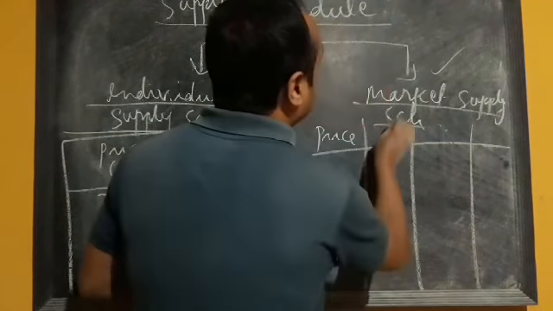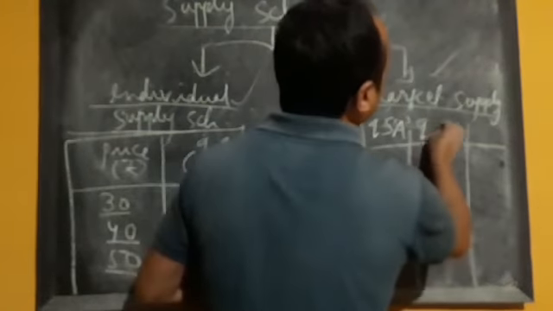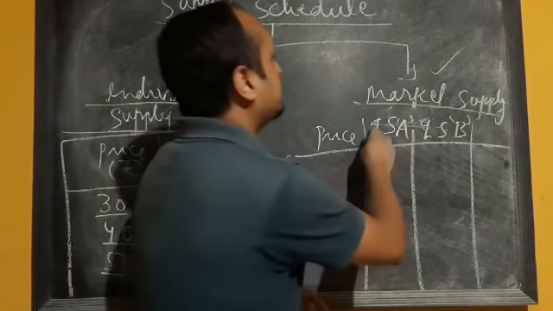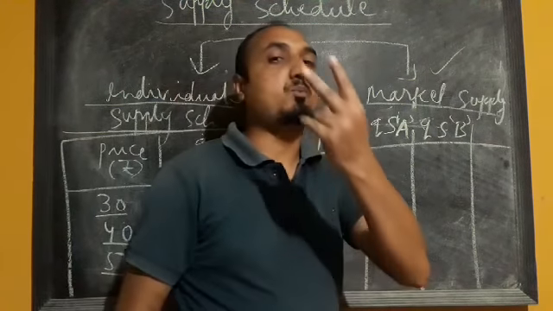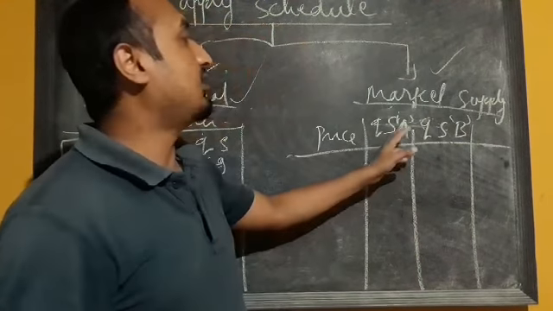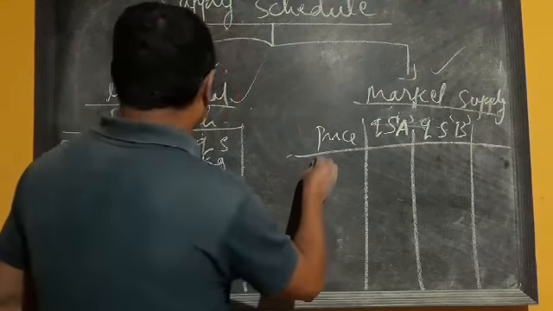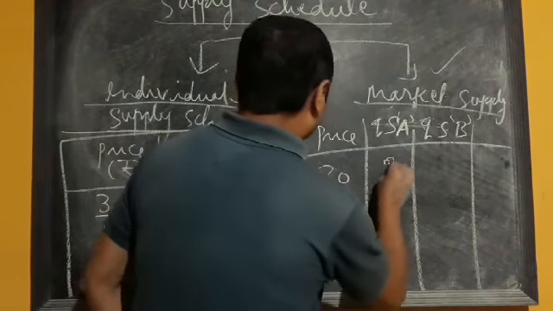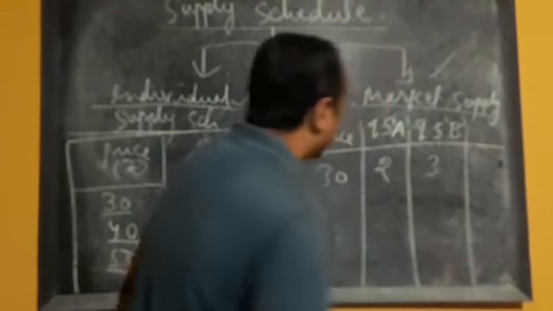So here we have price, the quantity supplied by producer A, and the quantity supplied by producer B. Here QSA means quantity supplied by producer A. Suppose in the market supply schedule we have two producers; it may be more than that, but for simplicity we are considering only two, producers A and B. When the price of rice is 30 rupees, the quantity supplied by producer A is 2 kg, but at the same time the quantity supplied by producer B is 3 kg.